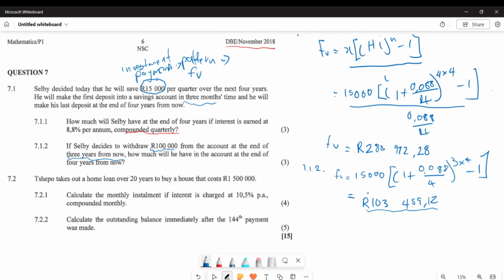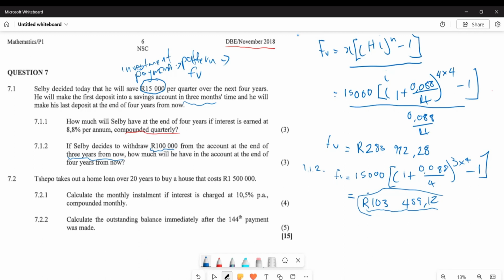So we can try and calculate what the outstanding balance will be, if the amount is 103,459.12.